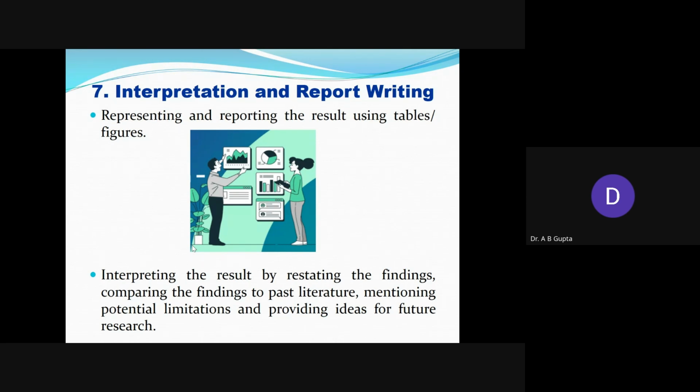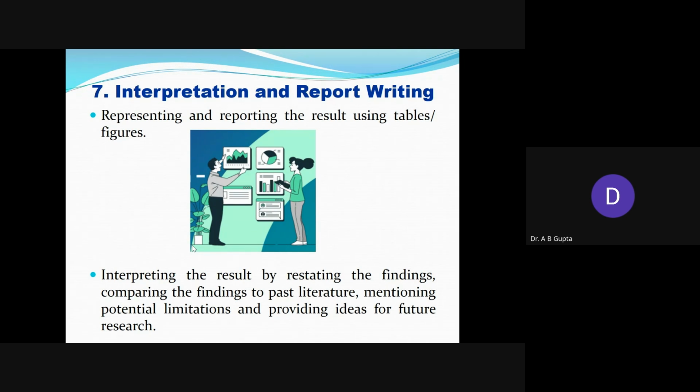Whatever data you have collected and analyzed, after analyzing, you come out with certain findings, you conclude certain things, and you report all those findings. You make use of certain tables, certain figures, maybe a pie chart or scatter diagram, maybe a line diagram, or you put your data in certain tables.